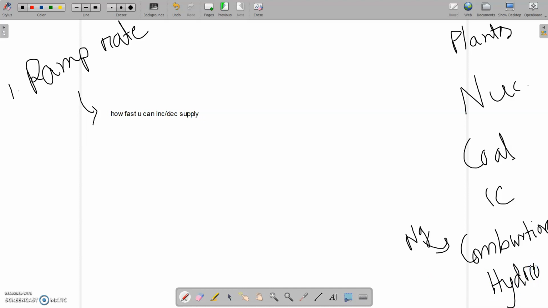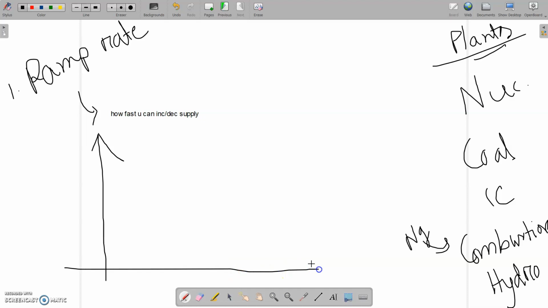Now they have different ways of operation. How do they differ? The ramp rate is how fast you can increase or decrease the supply. That means if I plot a graph here, this is your ramp rate.